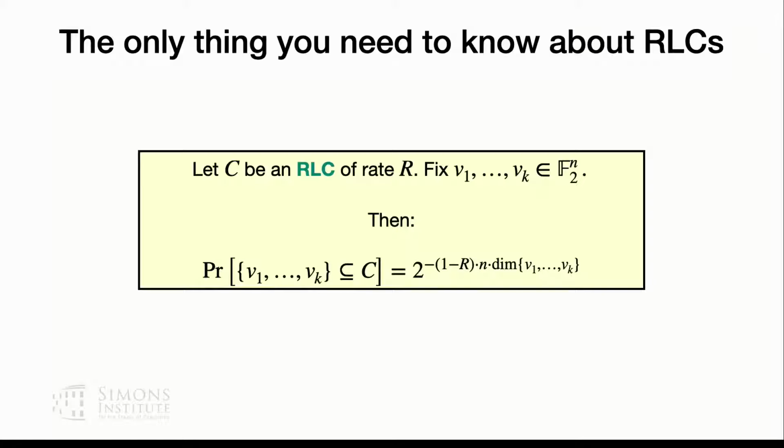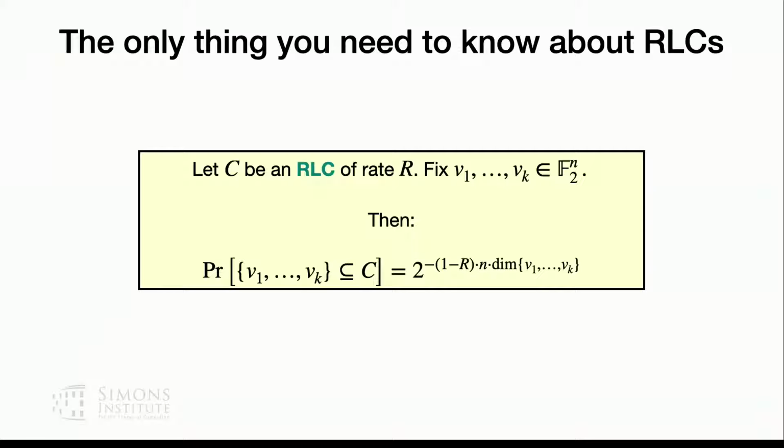For a random linear code, because of the linearity, containing a bunch of vectors actually means containing the subspace spanned by them. And the thing we care about is the dimension of the subspace that they span. So if these vectors are highly linearly dependent, then the probability of containing them is much larger, because we only care about the dimension.